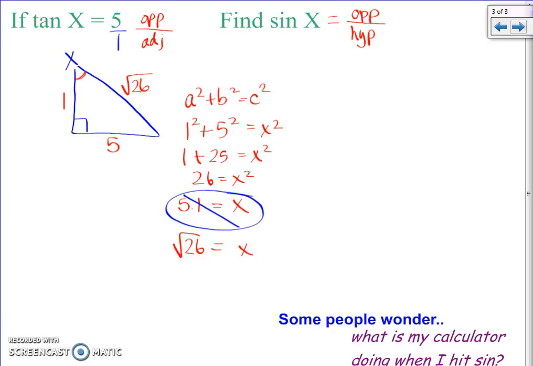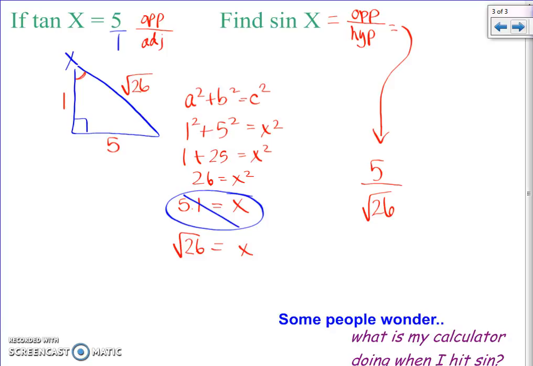So sine of x is going to equal, let me just write it down here. What over what? 5 over square root of 26. Now, technically, yes, this is the right answer, but we can make it better by doing what? What's not good about this answer?